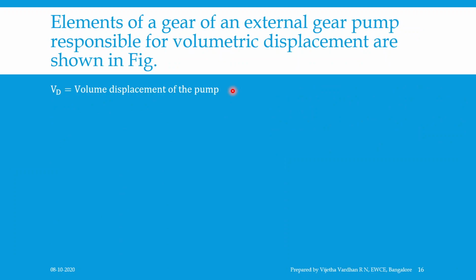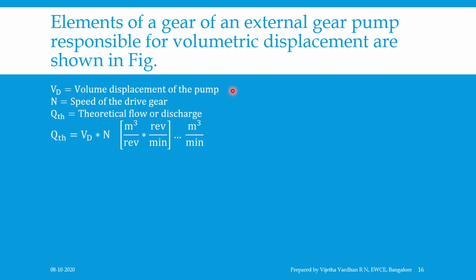Then coming to the elements of an external gear pump responsible for volumetric displacement, Vd is the volume displacement of the pump, along with the speed of the gear and the theoretical flow rate, which is given by this formula and can be further simplified like this.